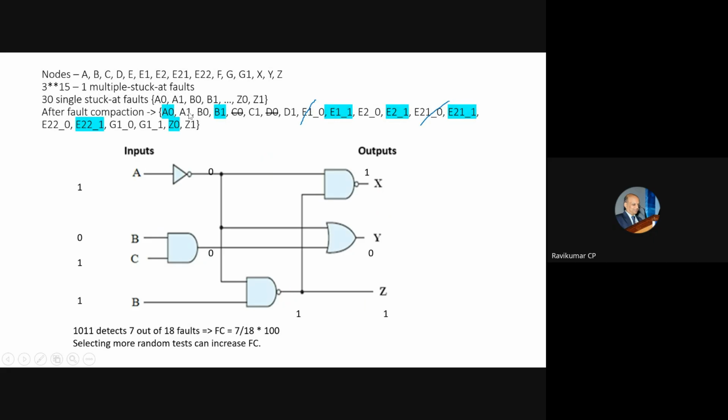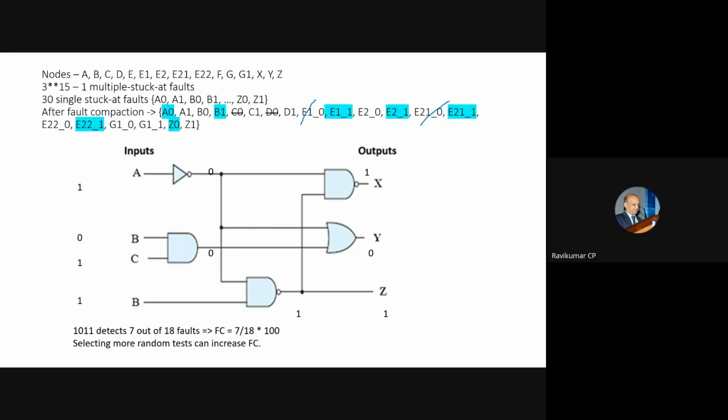So if I had started with A1 and generated a test vector, so little bit of luck is there. So ATPG tools will start with some random vectors and find out what all the faults these random vectors will catch. Then look at targeted test generation and then fault simulation and repeat till we get adequate coverage.